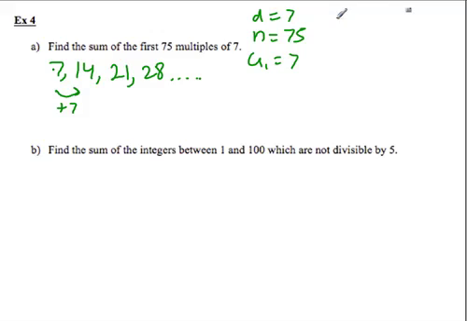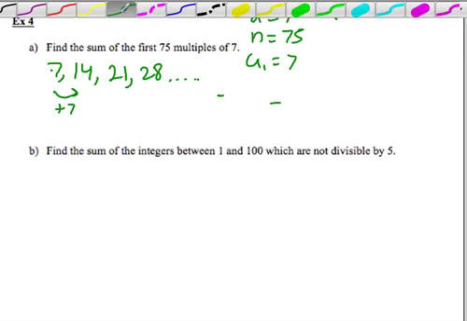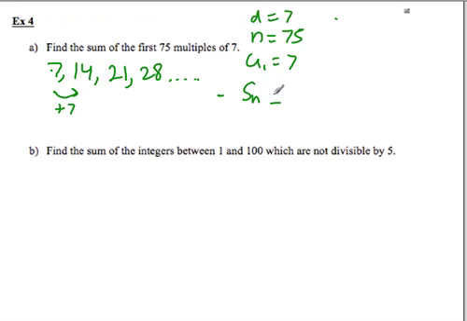So let's write down the formula: S sub n equals n out of 2 times 2u1 plus n minus 1 times d.